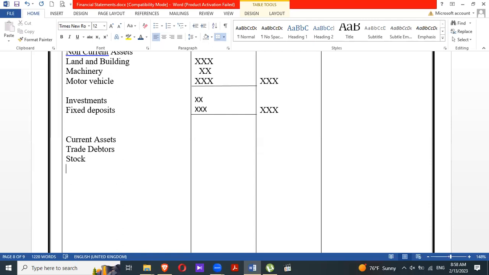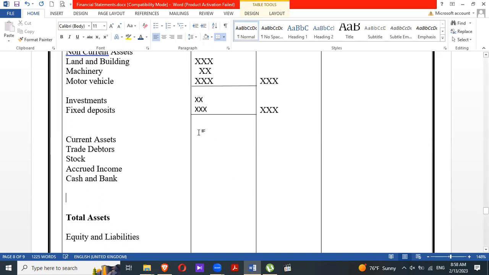Other than that, we can write accrued income, which comes under current assets. Expense comes under current liability. Then cash and bank. Cash means cash in hand, and bank means cash available in the bank current account. So directly we can take the answers like this.